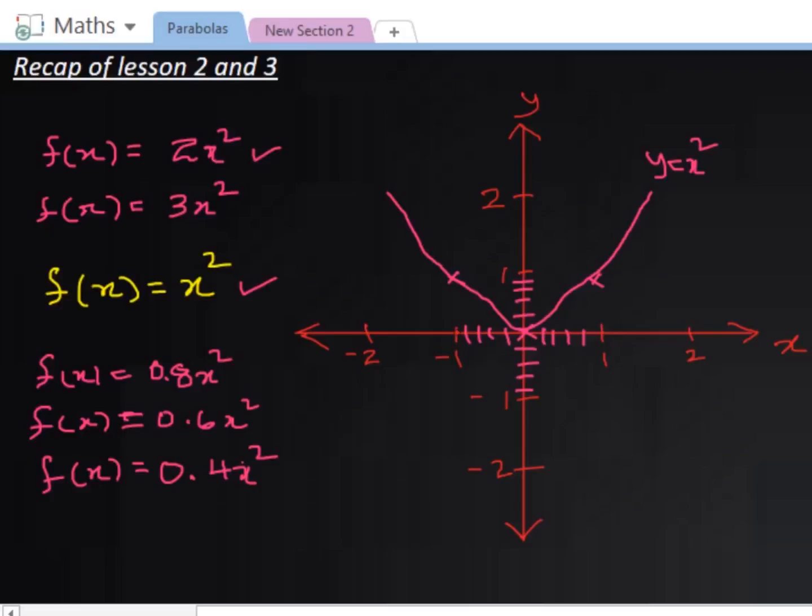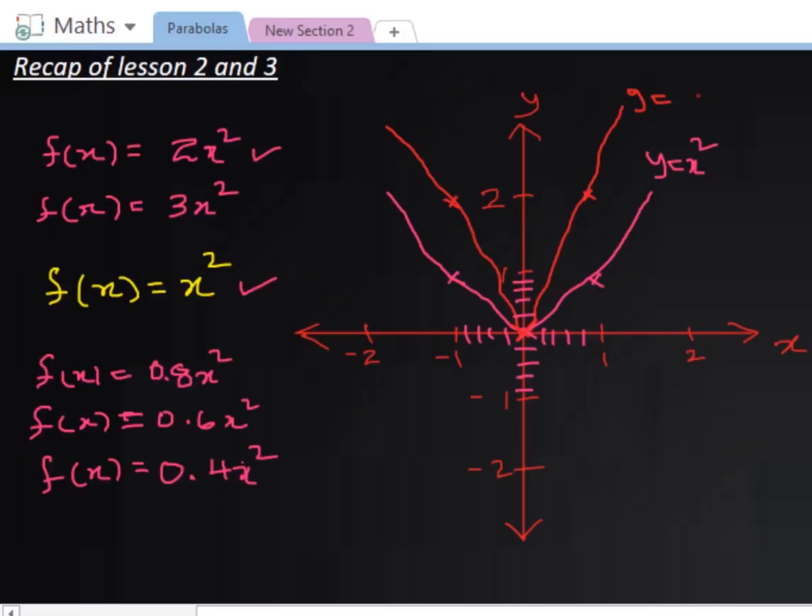When we join the points, we will get a parabola resembling the following parabola. The equation y equals 2x squared.